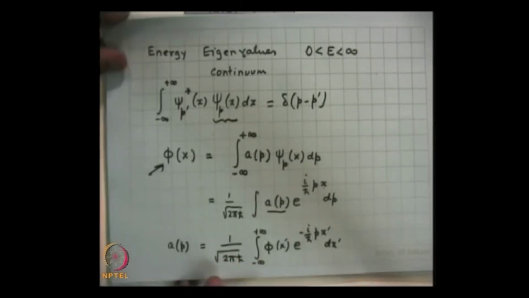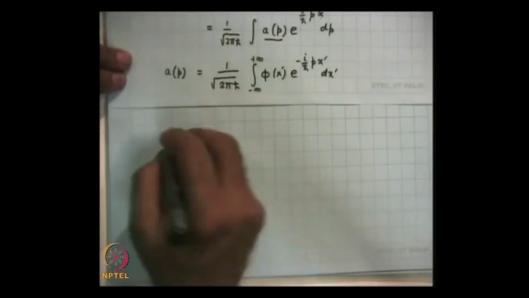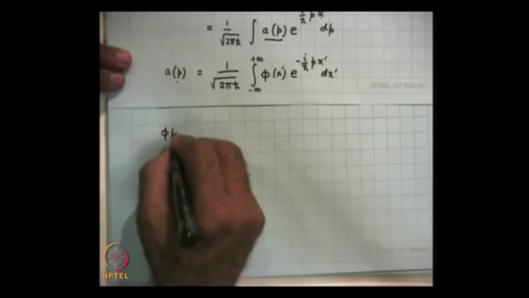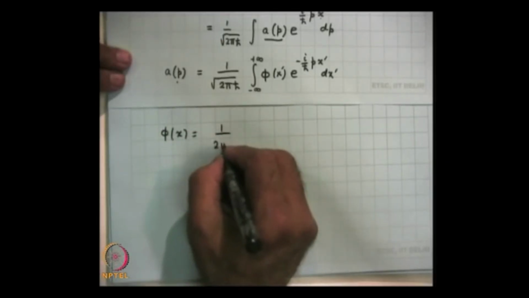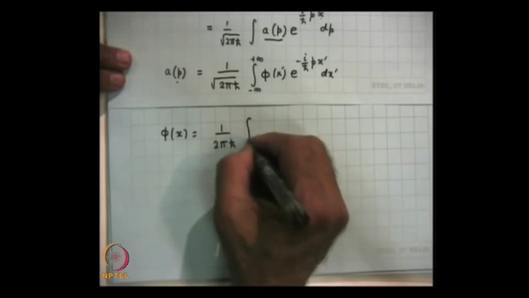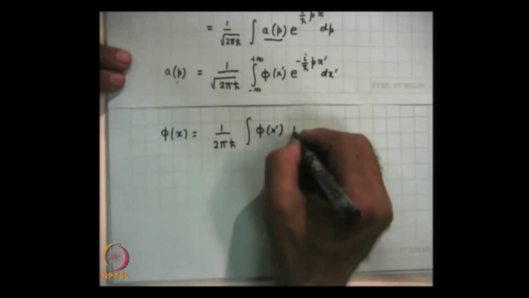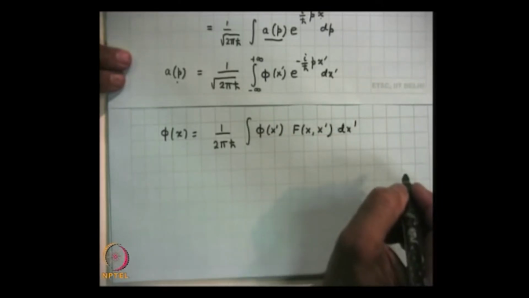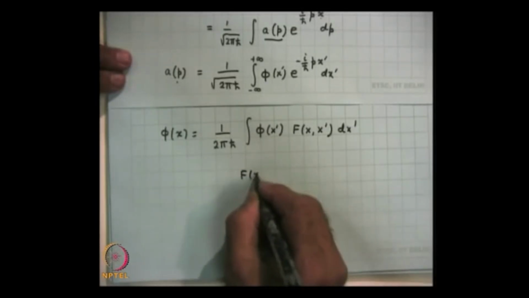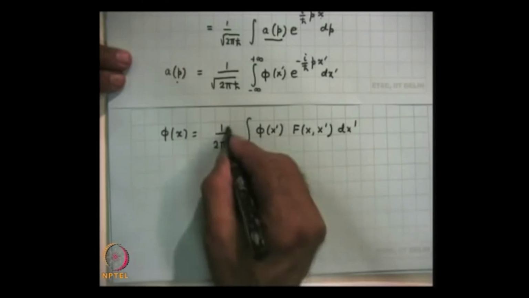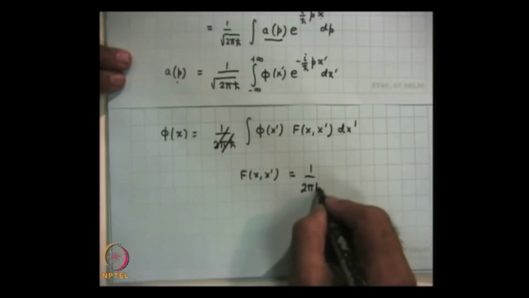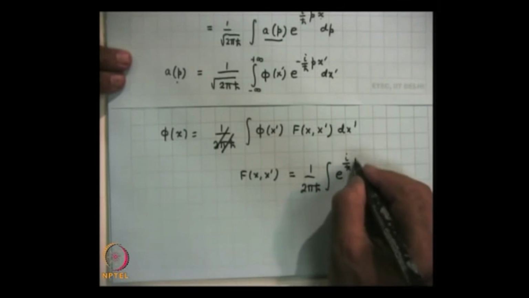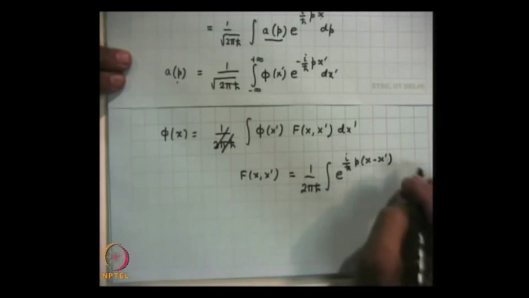When I substitute a of p from here to there, you will get phi of x is equal to the integral of phi of x prime times another function f of x comma x prime, dx prime, where f of x comma x prime is equal to, taking the 1 over 2 pi h cross here, 1 over 2 pi h cross integral e to the power of i by h cross p (x minus x prime) dp.